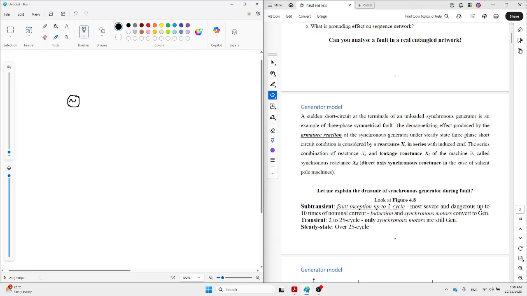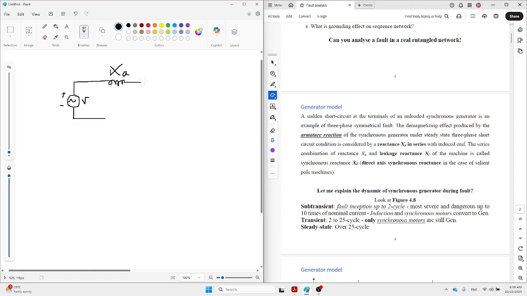You can call it positive, negative, because it's alternating, so from time to time it changes. Simply we call this one a voltage. So this is the voltage source, and then we will have an XA here as an armature reaction.